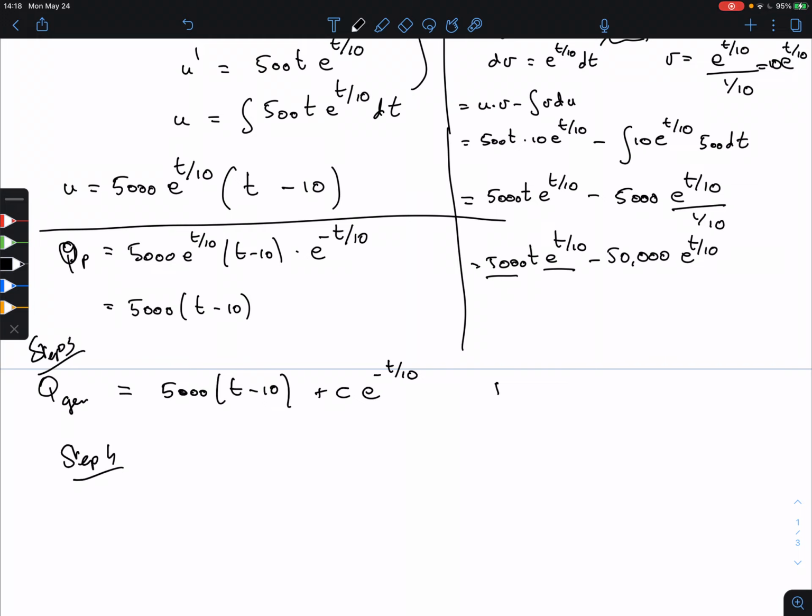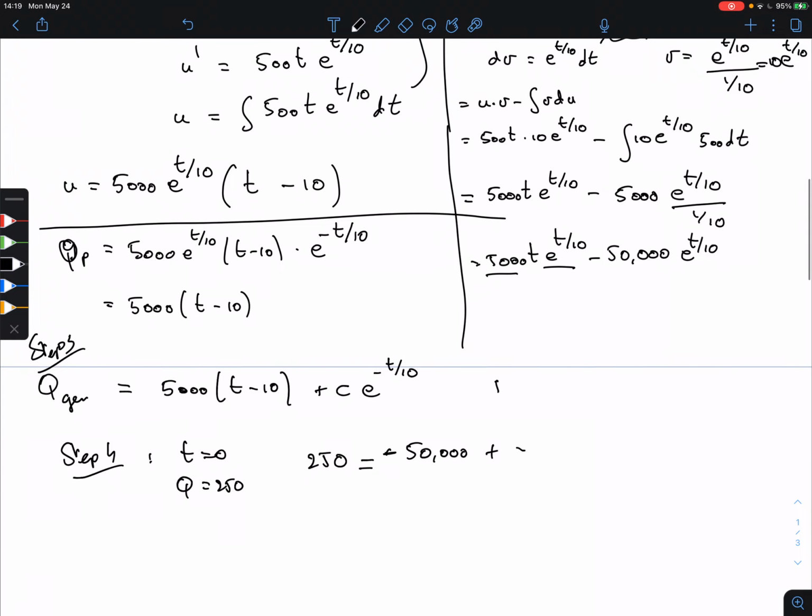Step 4 is we need the initial condition. If t is 0, then q was 250, so we plug this in and get 250 equals minus 50,000 plus C, because if I plug in 0, the exponential factor becomes 1.